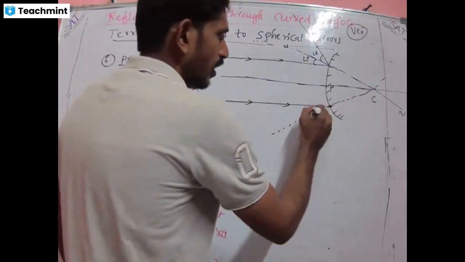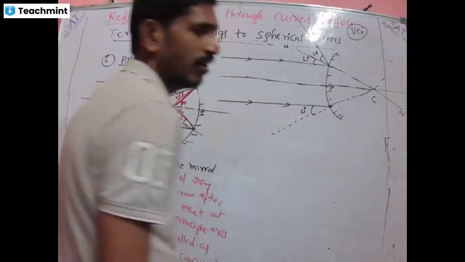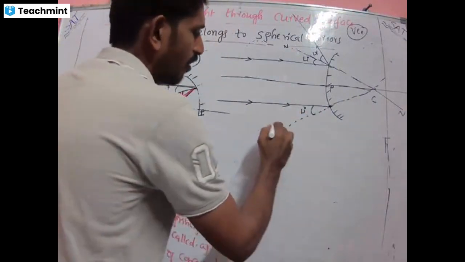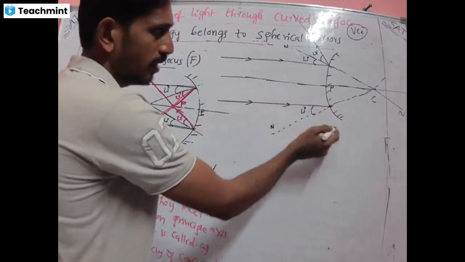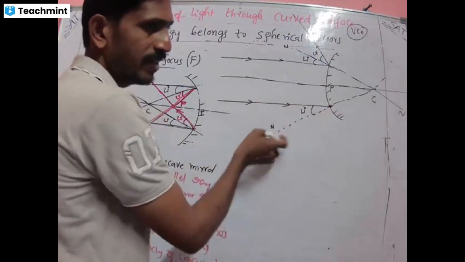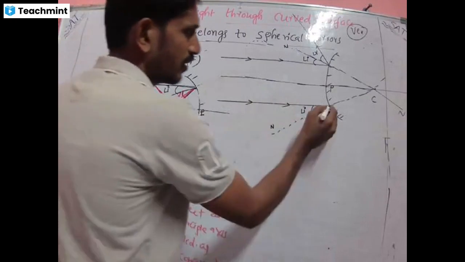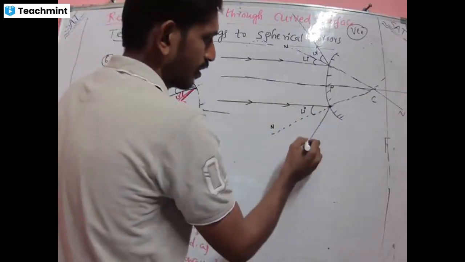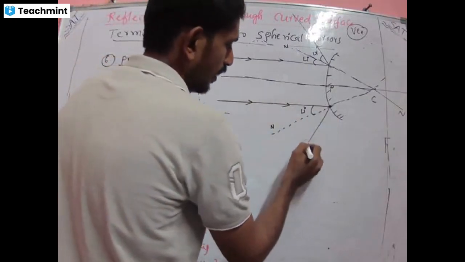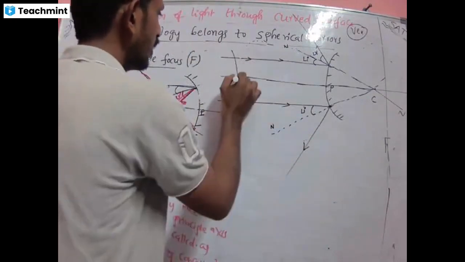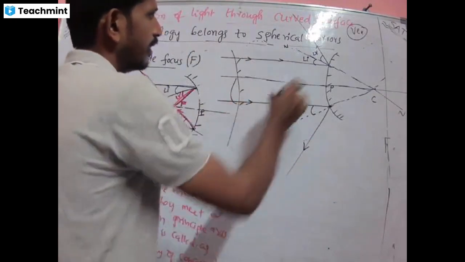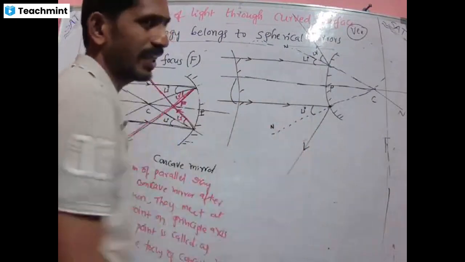This is the angle of I. Where is the angle of R, which is down, because the normal is between the reflected ray and the incident ray. This is a reflected ray. Now tell me, if you see from this side, these rays are not meeting.